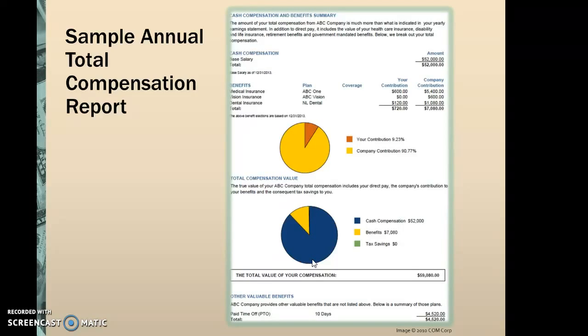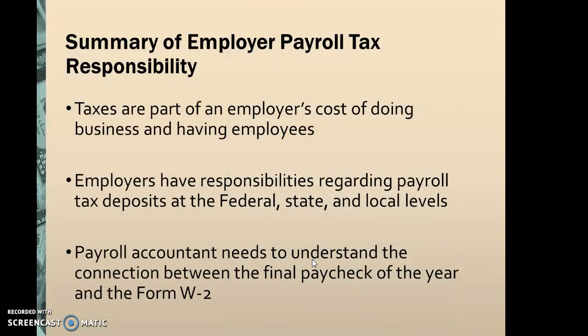So it's a great reminder to employees that just because the company does offer benefits along with paid time off, there is a cost to it. So it is important for employees to understand that it is part of their wage with the organization. So, summary of the employee payroll tax responsibility. As you know, taxes are part of the employer's cost of doing business and having employees in their payroll.